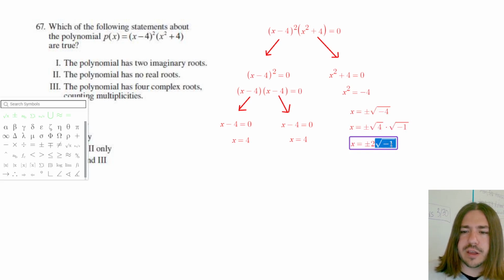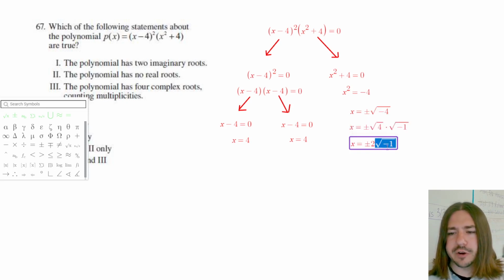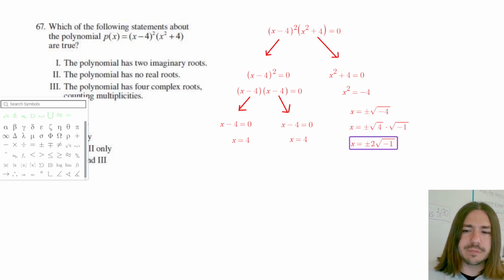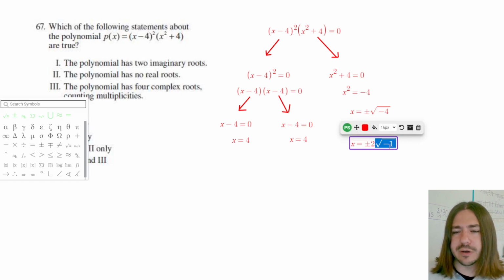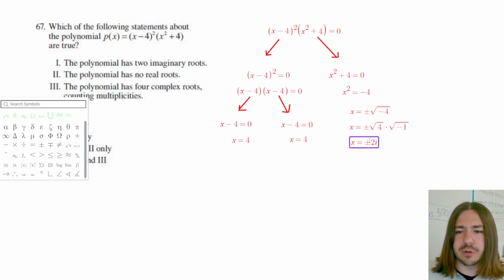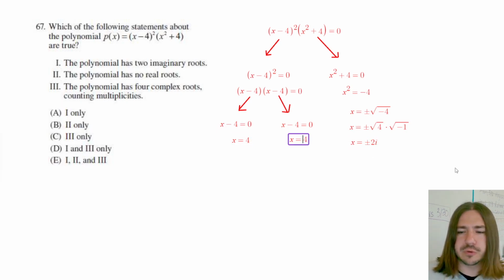And the square root of -1 is what we call the imaginary number i. It's not a number on the number line. It's considered a complex number. So plus or minus 2i. So we have a total of 4 roots, 2 of which are real, and they're the same. So we have a repeated root here. And then we have 2 complex roots, or 2 imaginary roots.